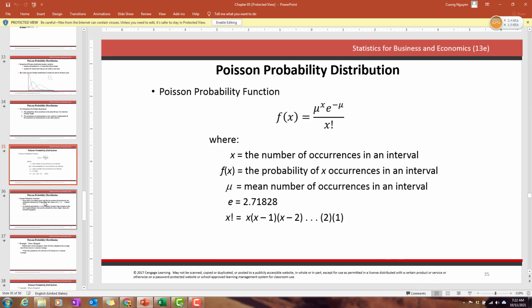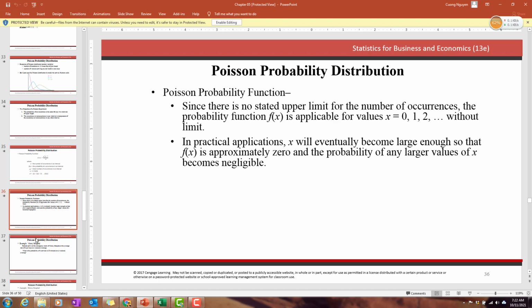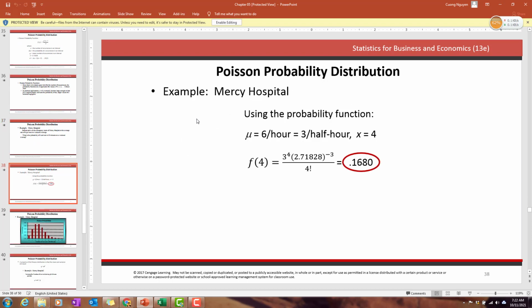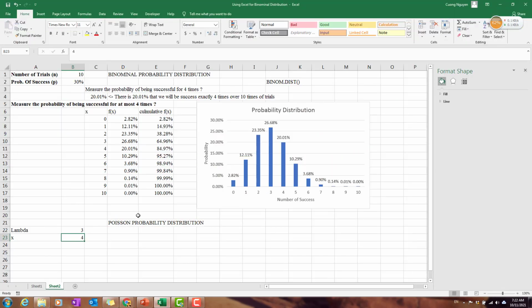Over here we normally generate it with this function. It's not totally hard to just do it on a manual calculator. But of course when they already generate it with the lambda and the x from the Poisson function, it should be available somewhere in Excel. And here now we're just doing the same.